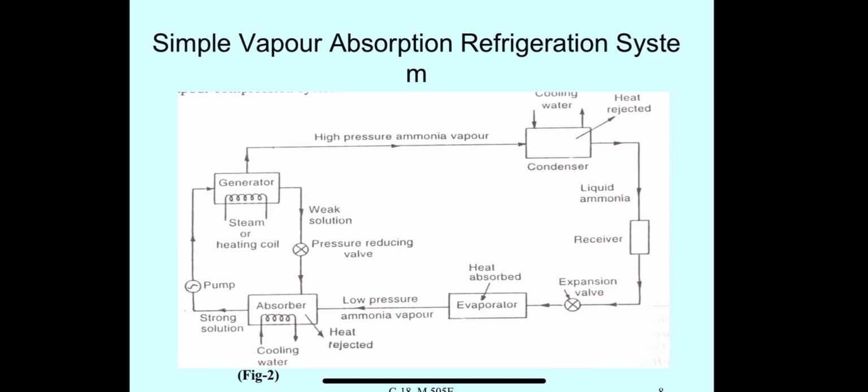In between the generator and absorber there are two: one is the pump, another is the pressure reducing valve. These are the components of the vapor absorption refrigeration system.